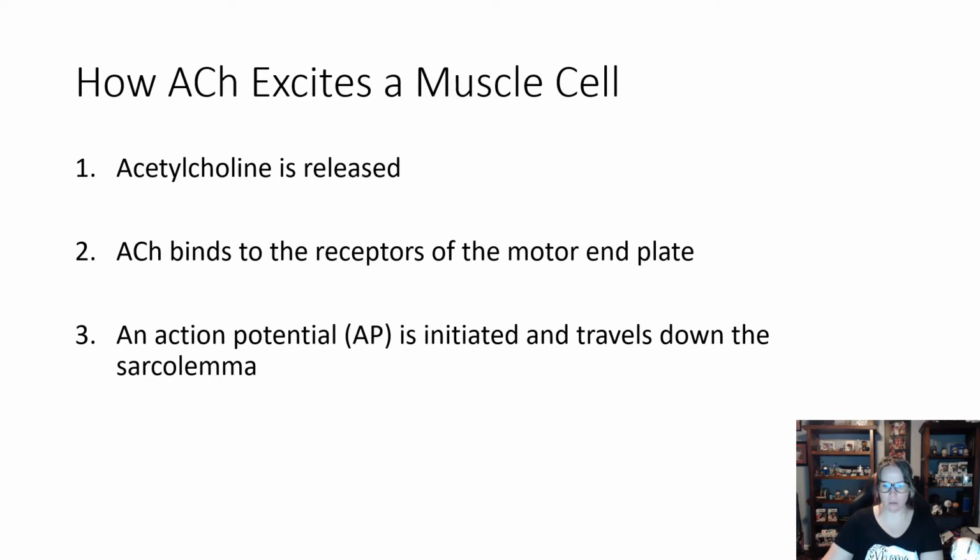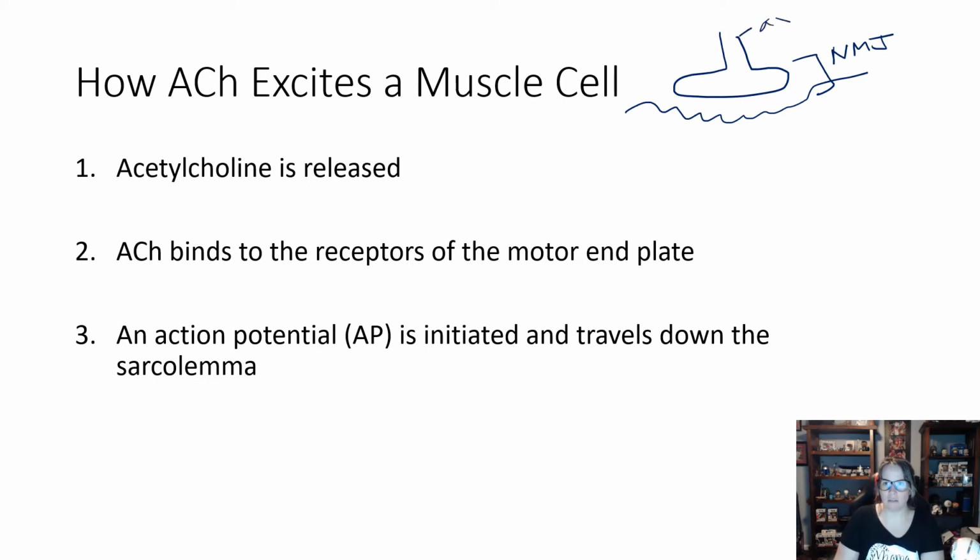Now, recall from lecture where the neuron meets the sarcolemma. This is called the neuromuscular junction, right? Our NMJ. And the axon is going to release neurotransmitters, little dots, that will bind to receptors that are on this structure here called the motor end plate.